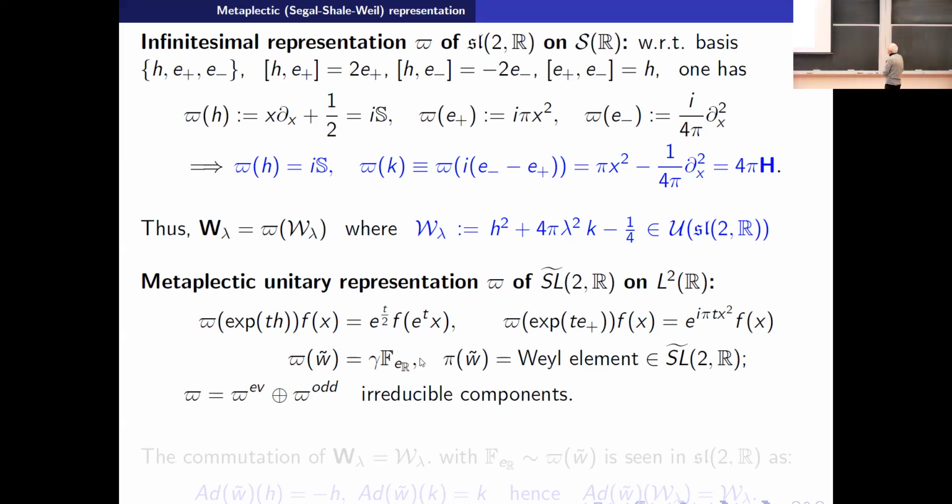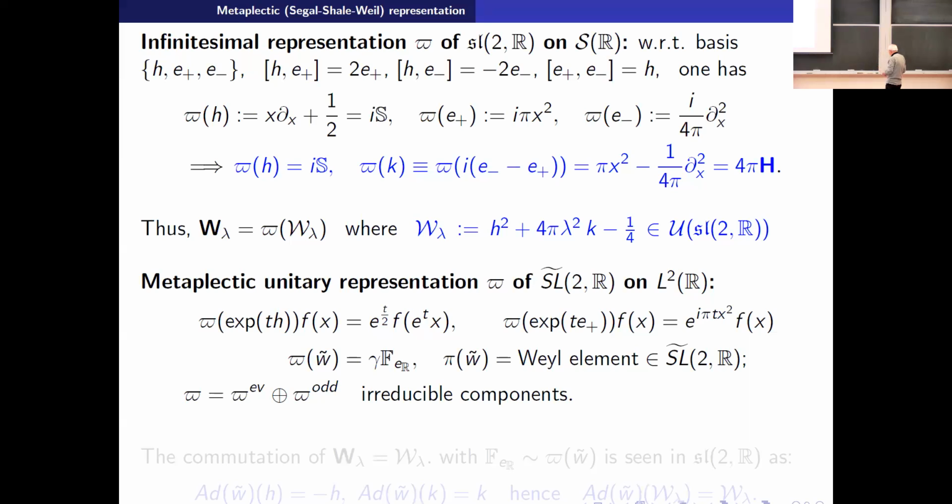Now, I didn't explain, this is easy, to exponentiate H and E plus. But to define the representation, you need to either exponentiate E minus or write something else.